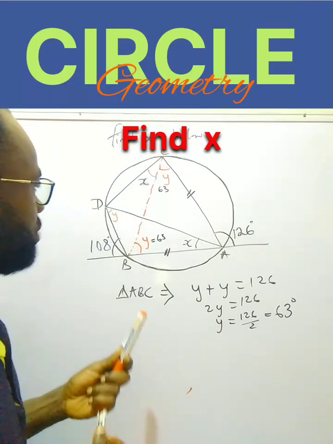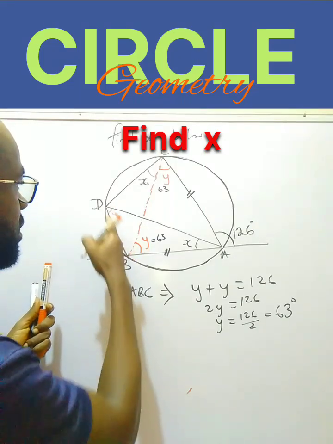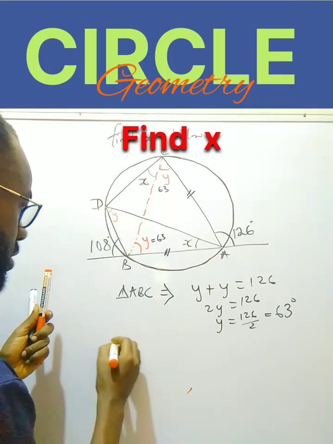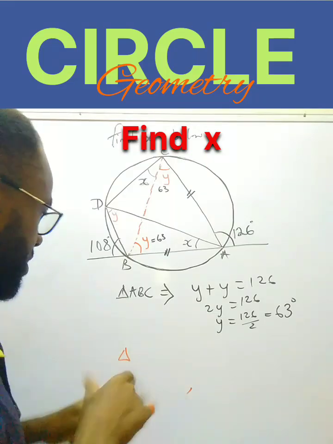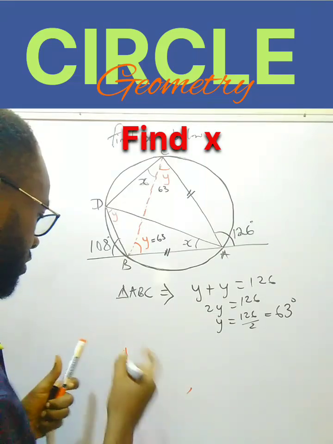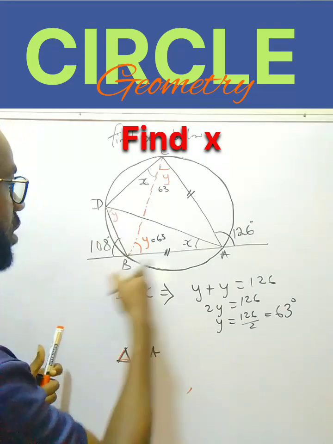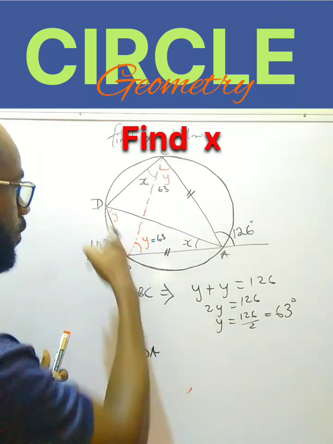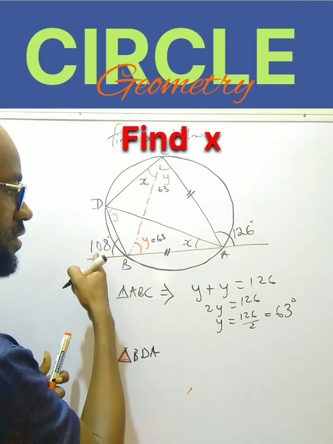Which means also in this triangle BDA, let me use a black marker this time, in triangle BDA, the opposite interior angles will be equal to the exterior angle.